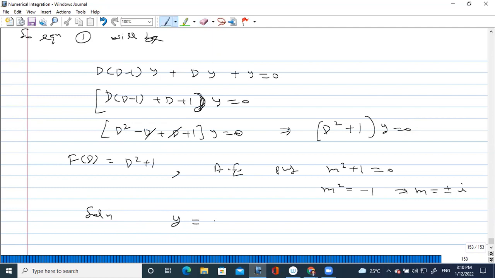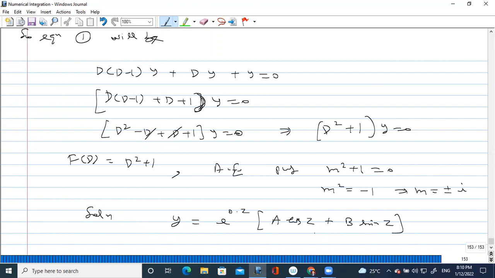So y will be e to the power 0 into z, and a cos beta x, beta is 1, x is z, plus b sin z.